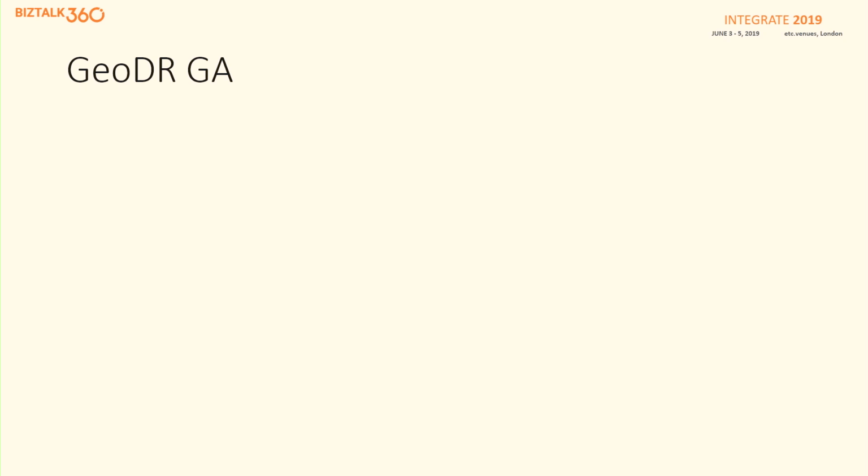The next thing, and it's a pretty big one, is GeoDR, and we're actually going straight to GA with this because we've enabled it across all services, all event subscriptions and topics. So GeoDR on Event Grid is actually, if you have anything provisioned in Event Grid today, you already have GeoDR as of now, which is pretty exciting for us.